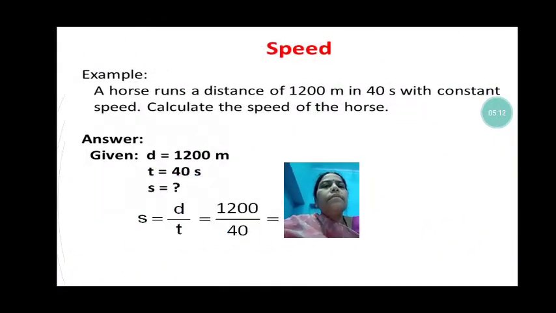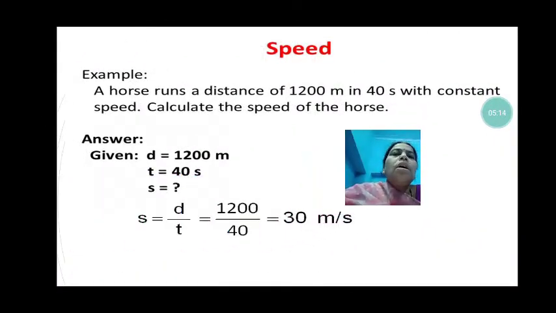Then see the next one. A horse runs a distance of 1200 meter in 40 seconds with constant speed. Calculate the speed of the horse. Here we have to find out the speed of the horse. We know that speed is equal to distance by time.